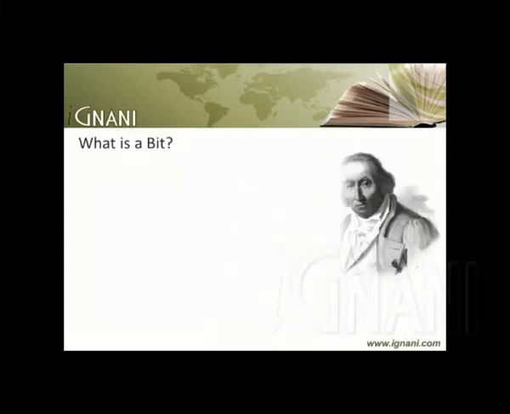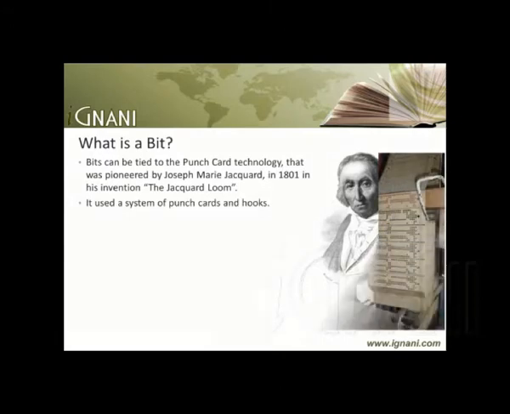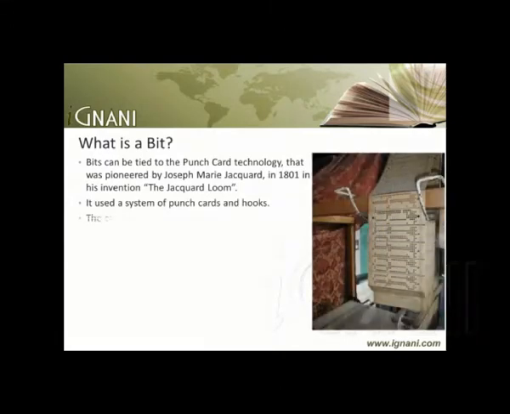We can in fact tie these bits to the punch card technology that was pioneered by Joseph Marie Jacquard in 1801 in his invention, the Jacquard loom. The idea behind the Jacquard loom was a system of punch cards and hooks. The cards were made very thick, and had rectangular holes punched in them. The hooks and needles used in weaving were guided by these holes in the cardboard.